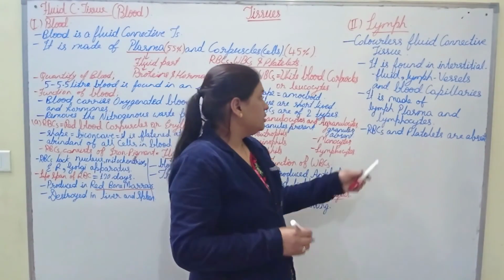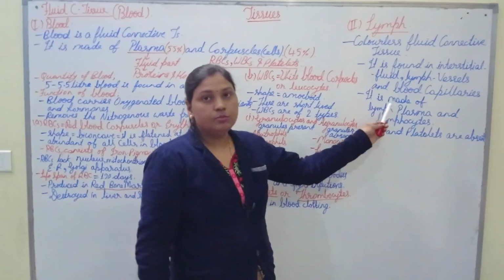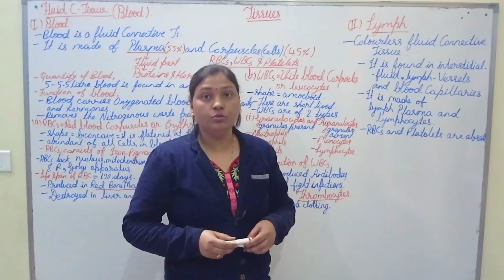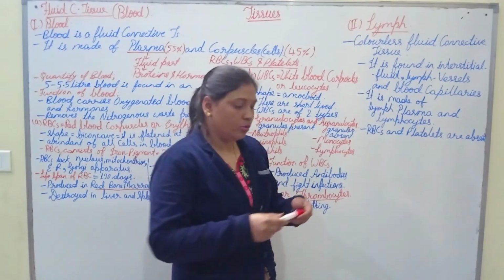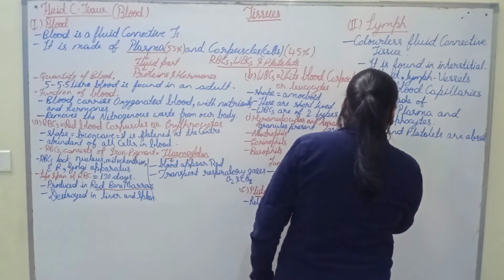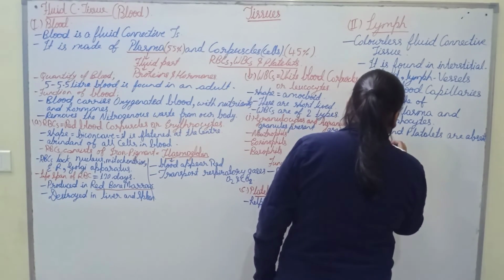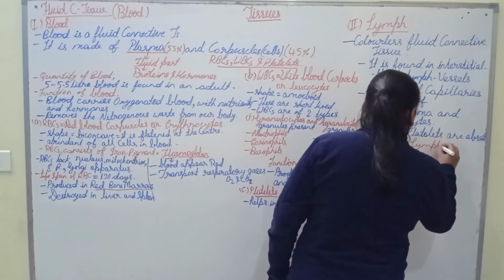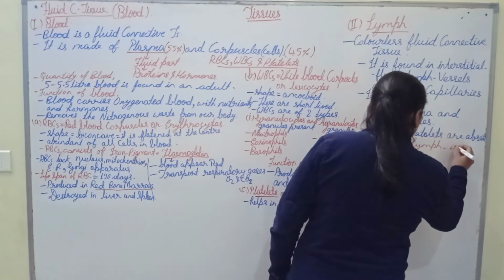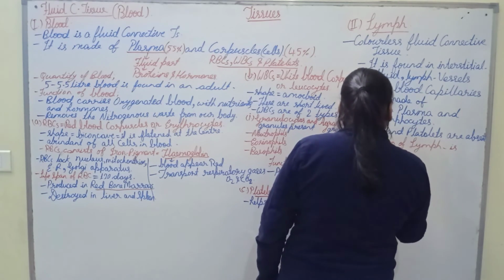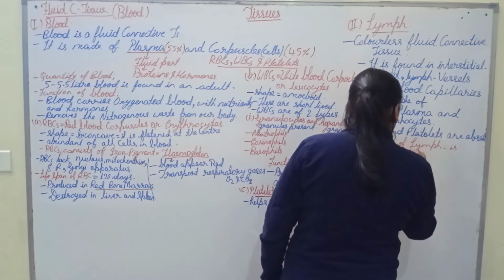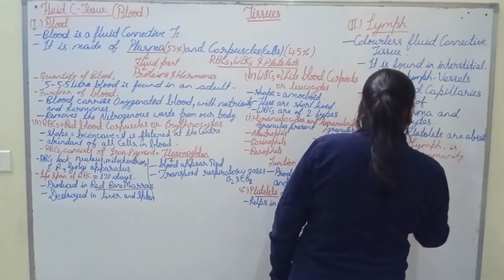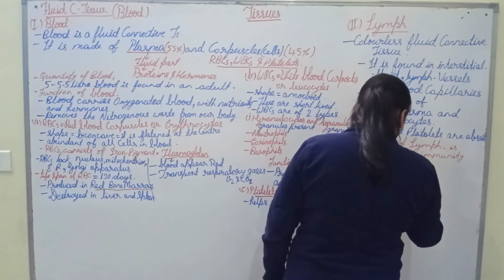In lymph, RBC and platelets are absent. It is made of lymph plasma and lymphocytes. And the function of lymph is to provide immunity to the body.